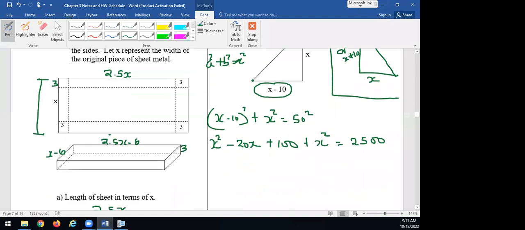Quickly, let's solve this. What's x squared plus x squared? 2x squared. Then we have minus 20x. What's 100 minus 2500? Minus 2400. And set that equal to 0.